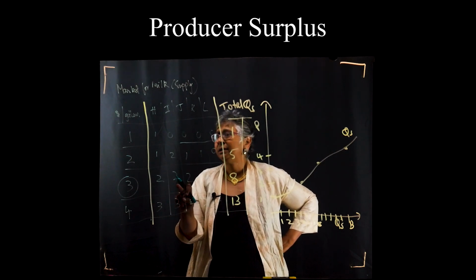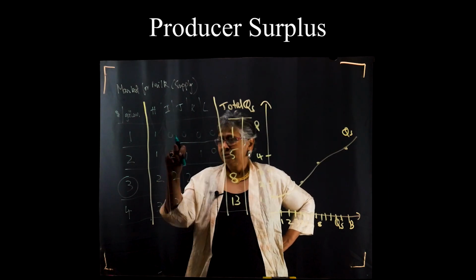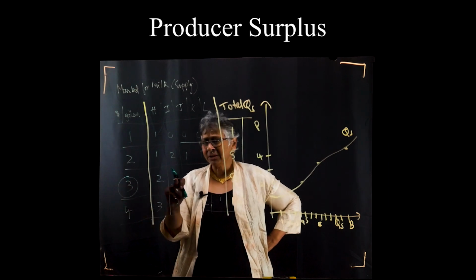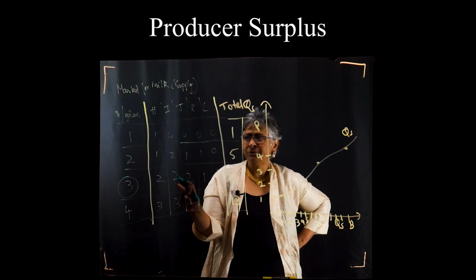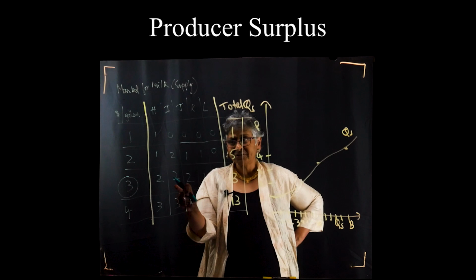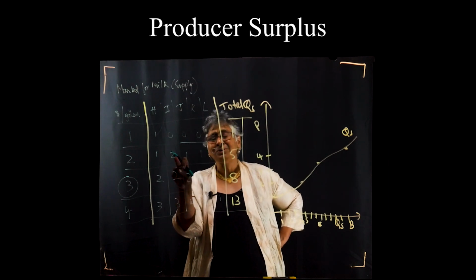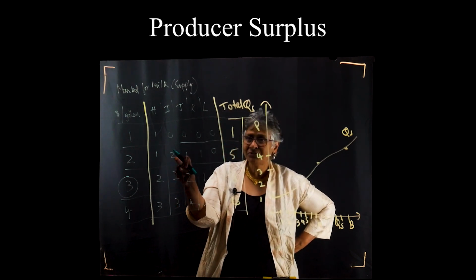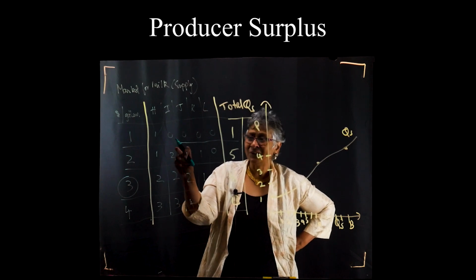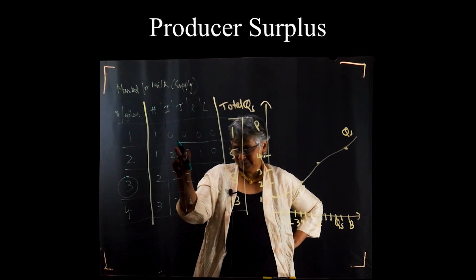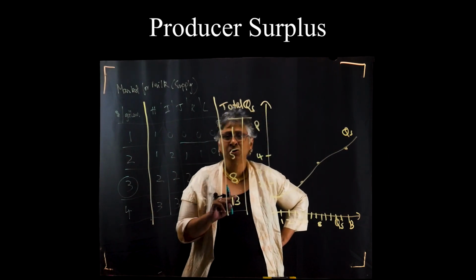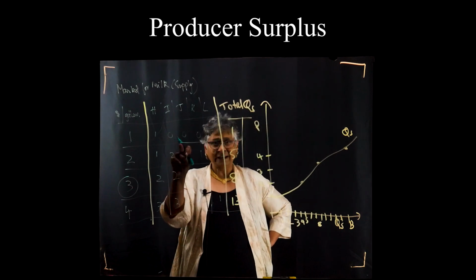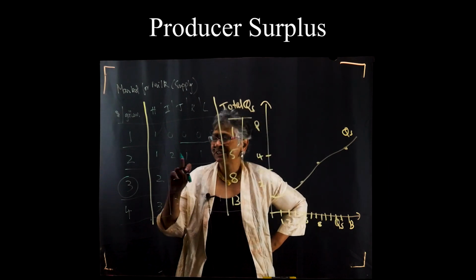Let's take a look at Firm I. At $3, they are willing to supply 2 units. But they would have supplied these same 2 units at a price of $2. That means for the first unit they supplied, they would have accepted $2. They got 3. For the second unit they supplied, they would have accepted $2.